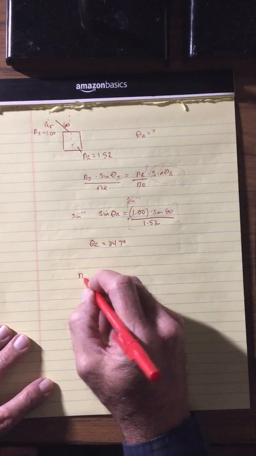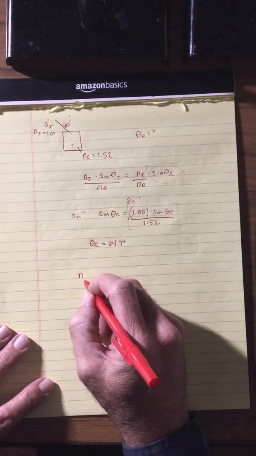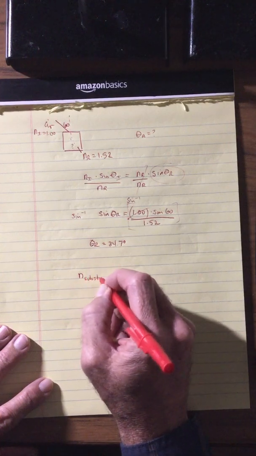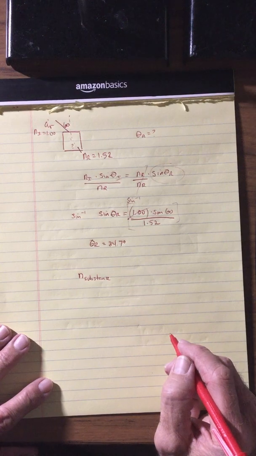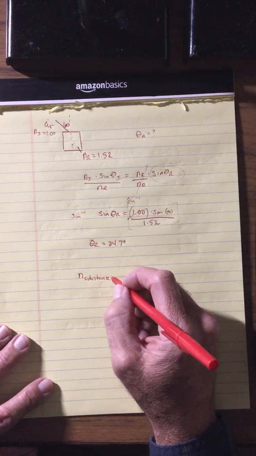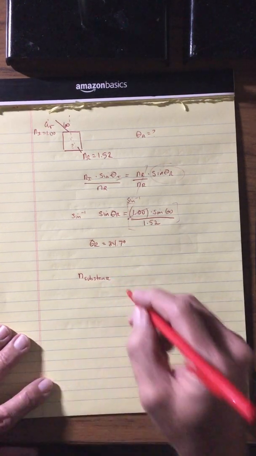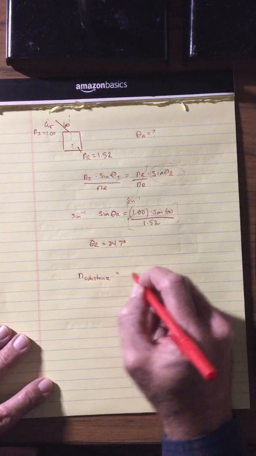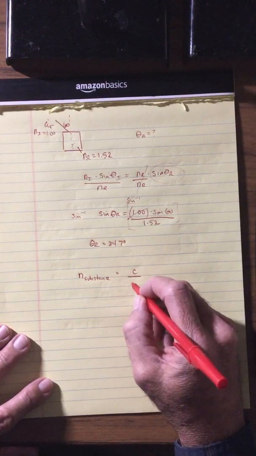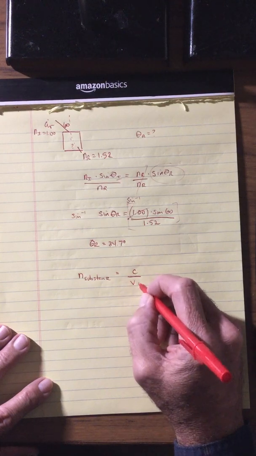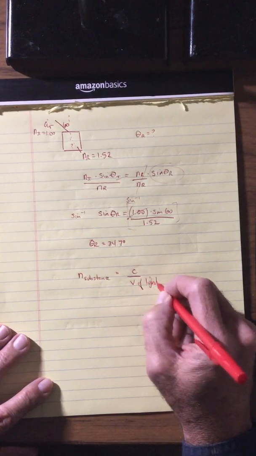The index of refraction of a substance, and I'm just putting this here because we have many different substances we can test, like quartz, diamond, cobalt, and water, is equal to the speed of light divided by the velocity of the light in that substance.